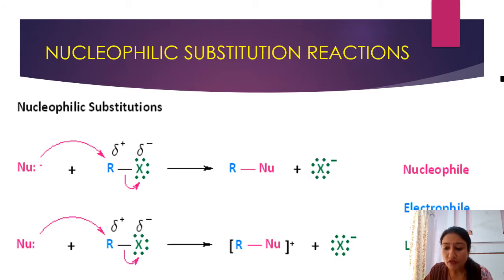It is one of the most useful classes of organic reactions of halides, in which a product is formed by the reaction of haloalkane with some nucleophile, as shown in the slide. Here the things we require are a nucleophile, a substrate, and a leaving group, which is a halogen.